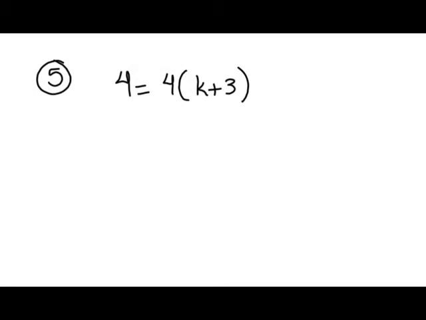We're going to skip now to number 5 on your note sheet. It states 4 equals 4 times the quantity k plus 3. Drawing my balancing line.